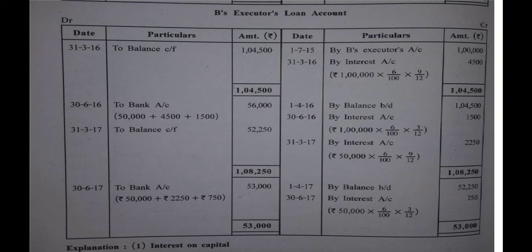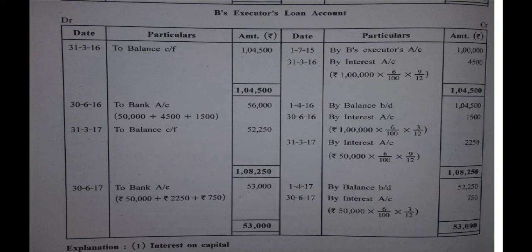So firstly you've written by balance brought down 52,250. Then 3 months are completed on 30/6/17, which is the completion of second year for the payment of second installment.